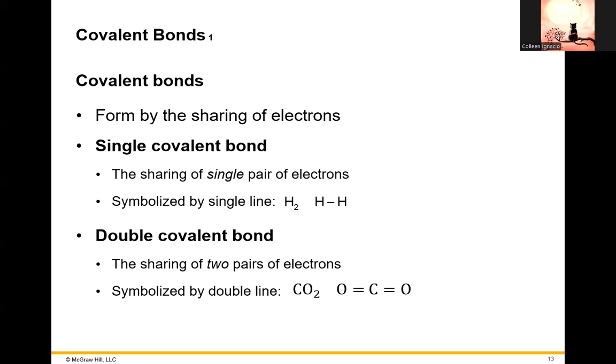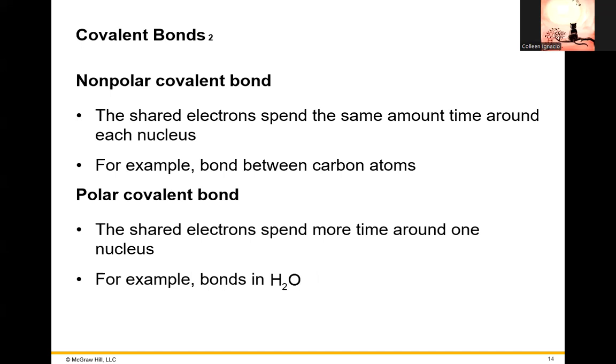A double covalent bond shows two pairs of electrons being shared. And in this case, we have carbon dioxide. The two lines that you see are symbolizing the double bond. So covalent bonds are stronger bonds, and they're single covalent bonds as well as double covalent bonds.